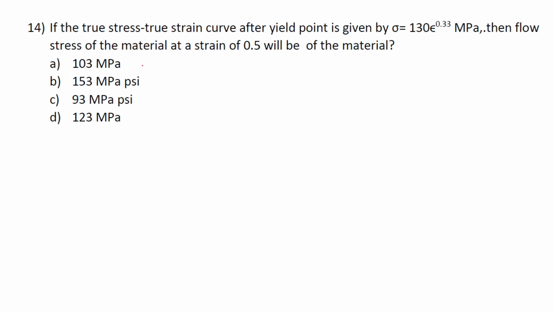The 14th question is: if the true stress true strain curve after yield point is given by sigma equal to 130 epsilon to the power 0.33 megapascal, then the flow stress of the material at strain 0.5 will be? The options are 103 megapascal, 153 megapascal, 93 megapascal, or 123 megapascal.